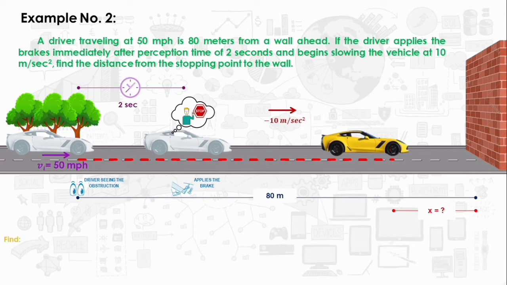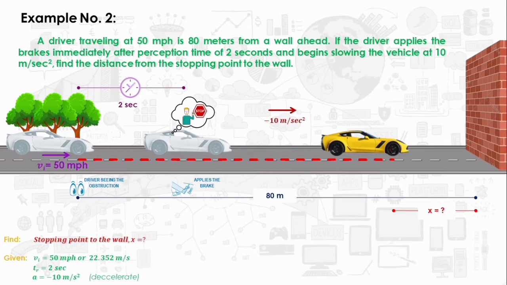In this problem, our goal is to determine the distance x from the stopping point of the car to the wall given the initial velocity of 50 miles per hour or 22.352 meters per second, total reaction time of 2 seconds, and acceleration of 10 meters per square second. It was stated also that the driver is traveling 80 meters from the wall ahead.